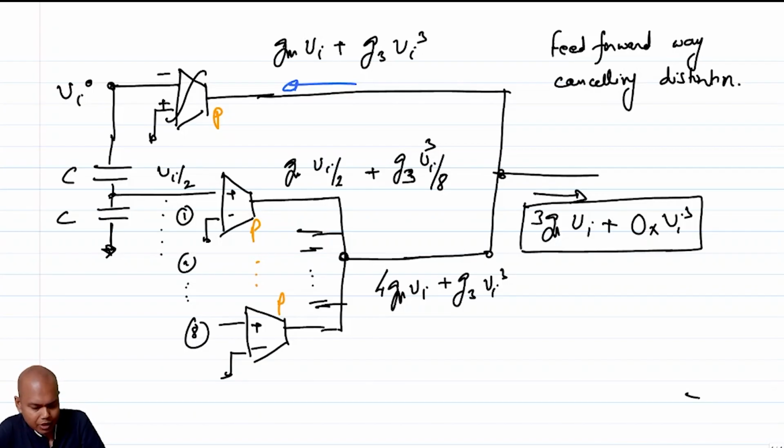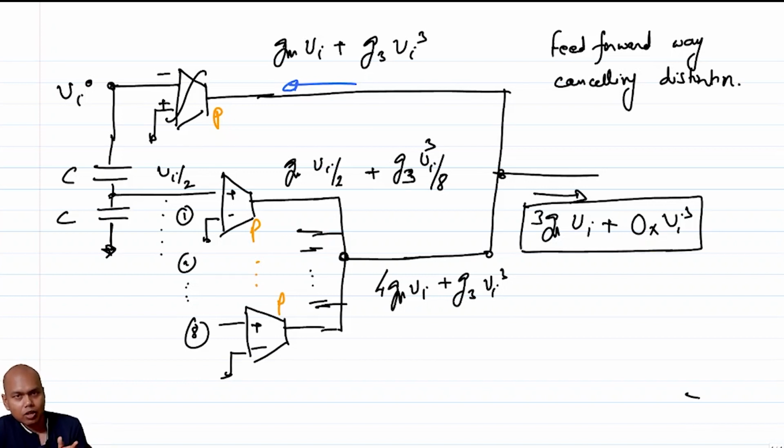What is happening to the signal? The signal was Gm times Vi, but now the main signal is 3 Gm times Vi. So in terms of signal power at the output, you are getting 9x, right? So you have increased the power dissipation by 9x, but the signal power has also gone up by 9x, and the distortion has reduced, right?